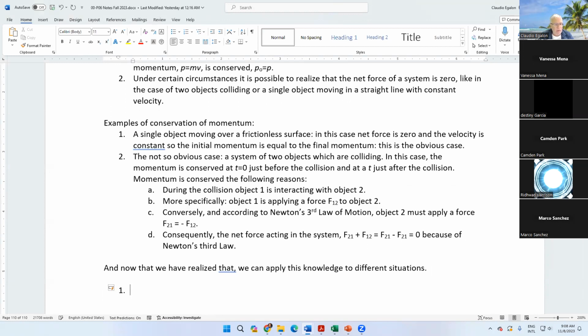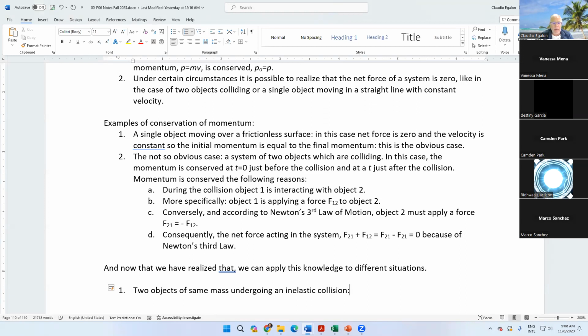The first one is the easiest one: two objects of the same mass undergoing a totally inelastic collision.